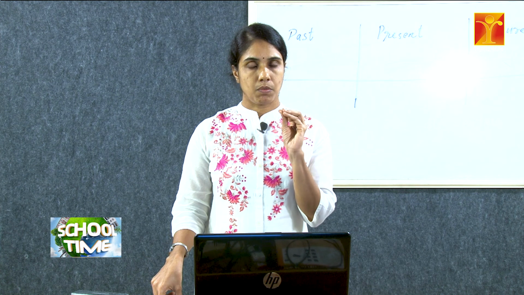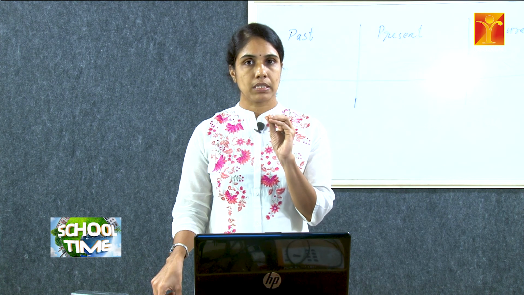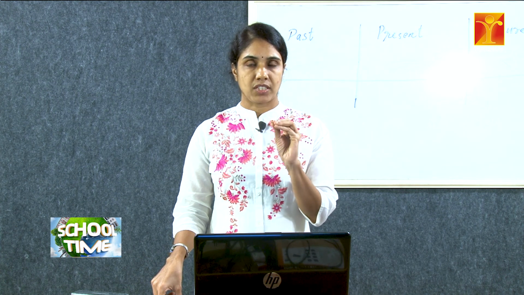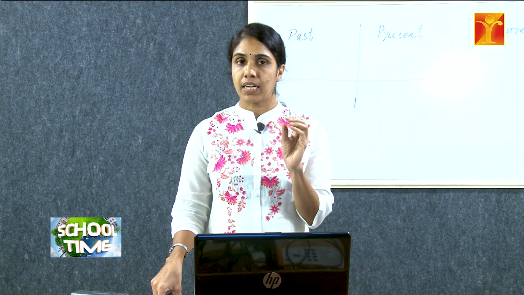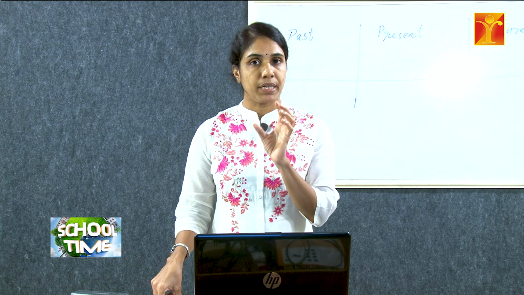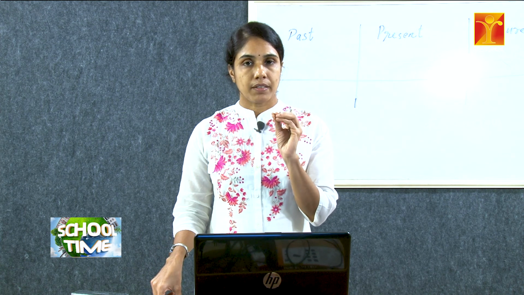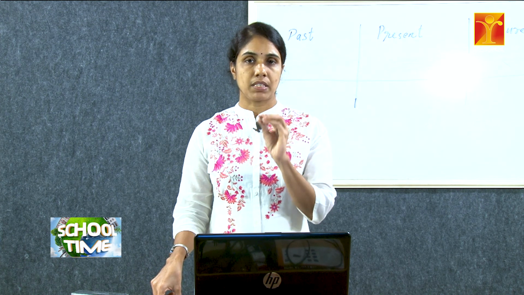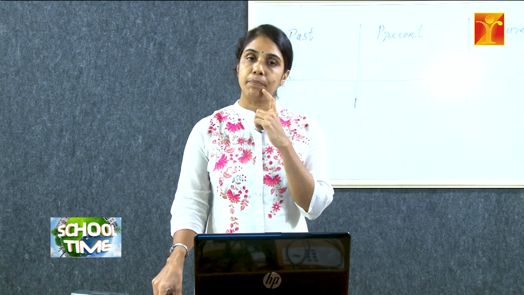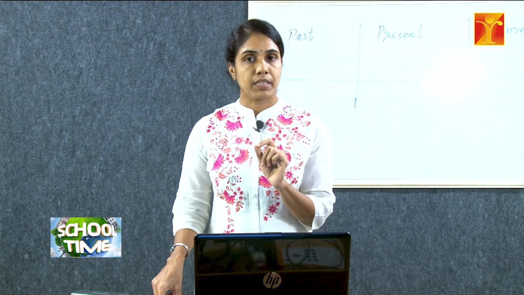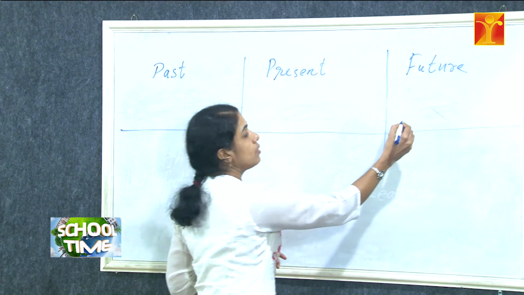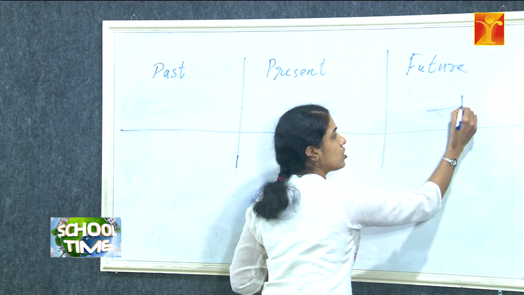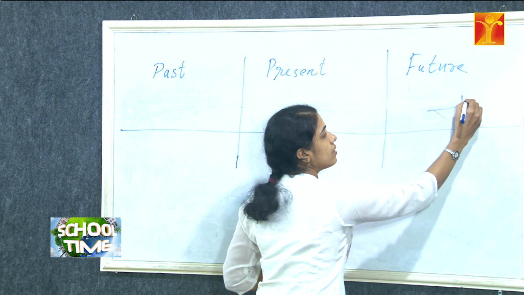So, what are we doing with this? We are expressing an action that will be completed. We are hoping that the action will be completed in a specific time. The action will complete by this date.